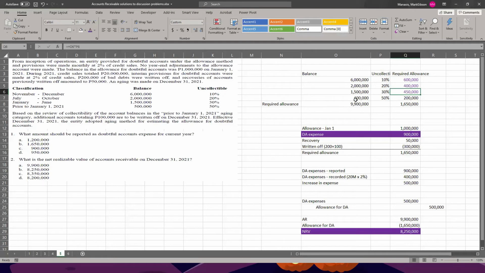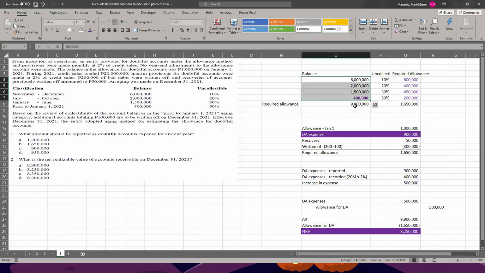400,000. Why 400,000? Remember, it says there that additional accounts totaling 100,000 are to be written off, so we remove that from there. So 400,000 multiplied by 50% would be 200,000.